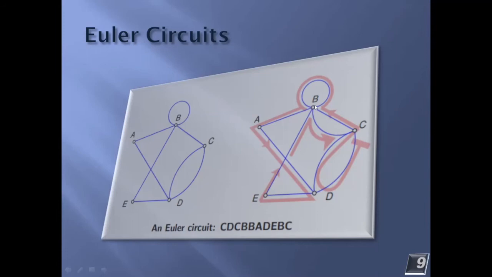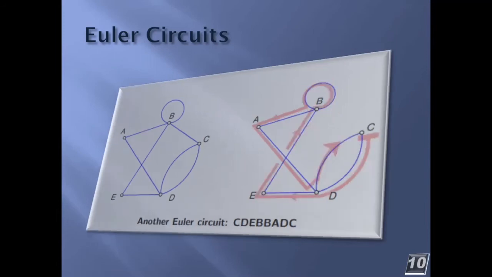So B to B, B to A, then A to D, then D to E, then again E to B, then B to C. So the final tour is C, D, C, B, B, A, D, E, B, and C.